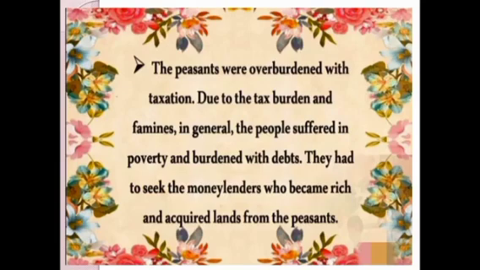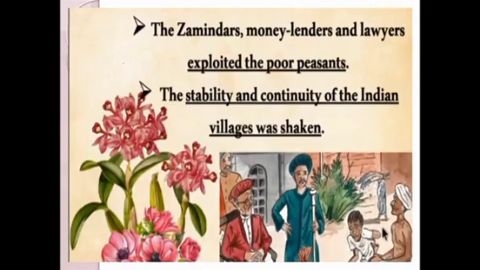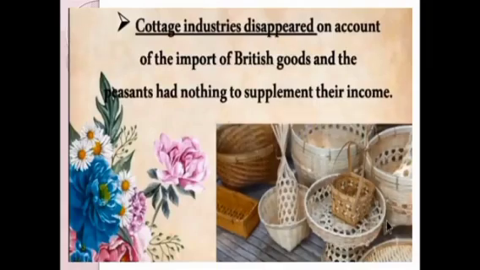Then the zamindars, moneylenders and lawyers exploited the poor peasants. Poor peasants means the poor farmers. The stability and continuity of the Indian villages was shaken. Then cotton industries disappeared on account of the import of British goods, and the peasants, which means the farmers, had nothing to supplement their income.